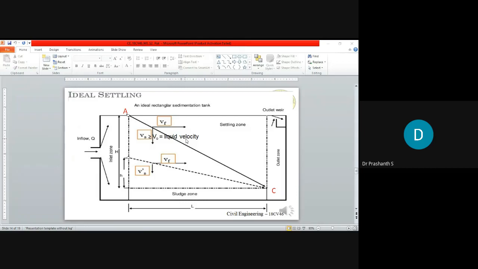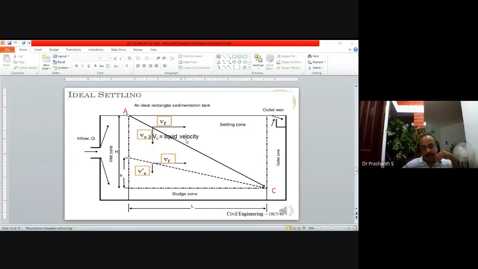You get a resultant vector, and if it is within AC, below this direction, then the particles are going to settle down.